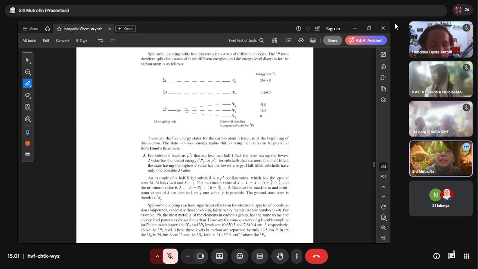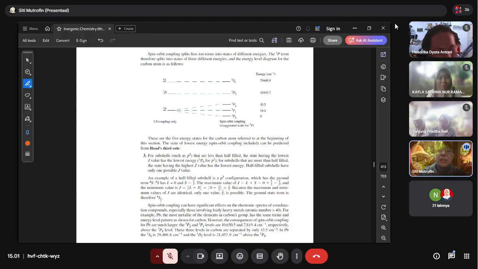Now maybe you also have a question, because we have not gone further to the third law of Hund. Why 3p0, 3p1 and 3p2, how do we arrange these levels? The third Hund's rule answers your question. How do we arrange the free ion terms of the 3p?